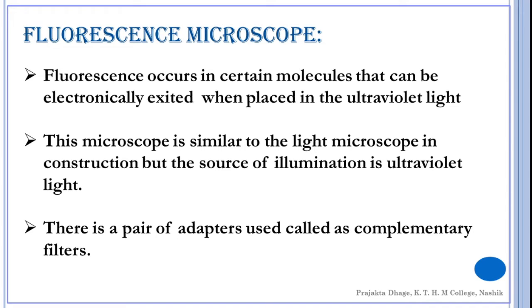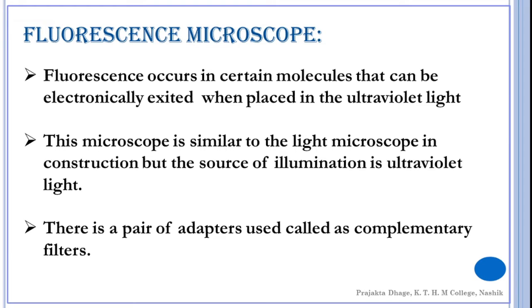Fluorescent microscopes are very beneficial as the fluorescent materials can be detected even when present in traces, or say in extremely small quantities. Another plus point is that these objects can be easily observed even when they are below the power of resolution.